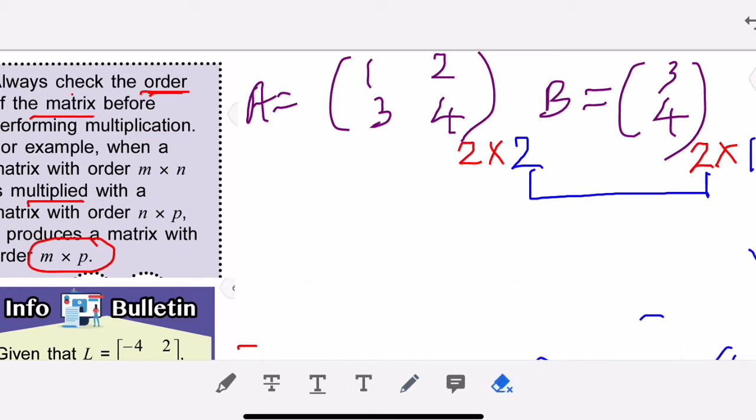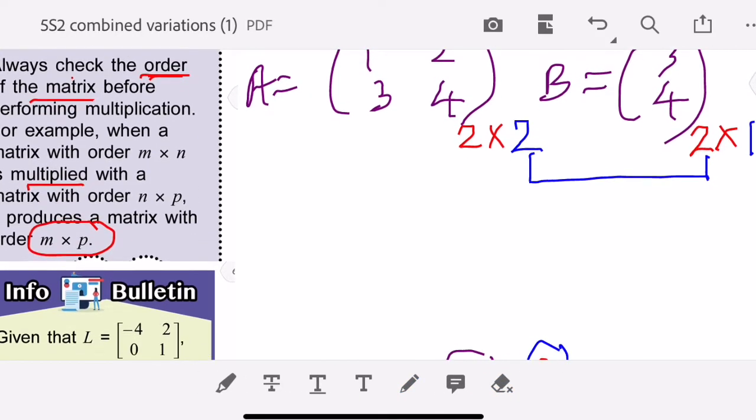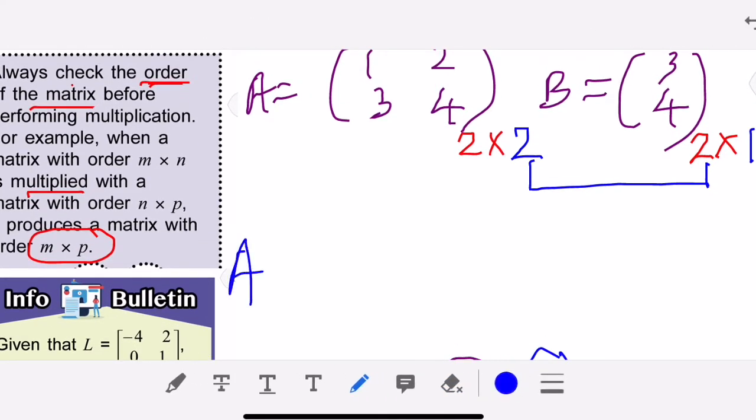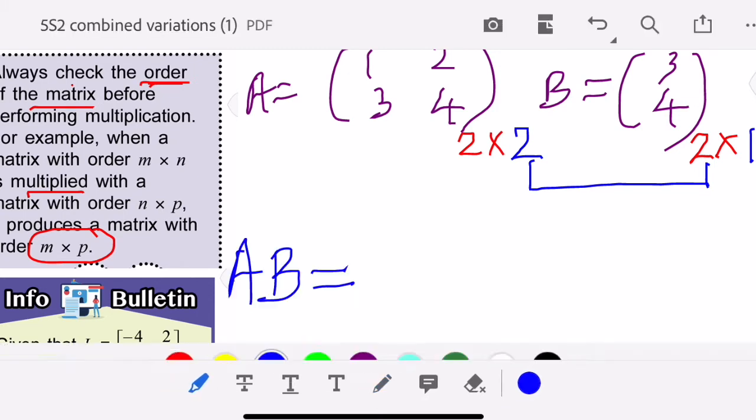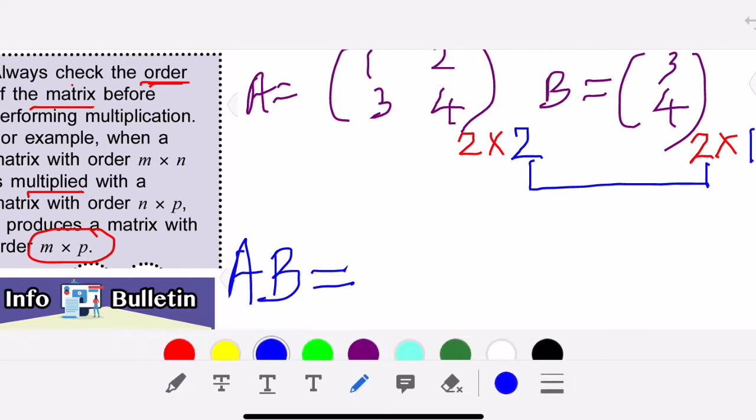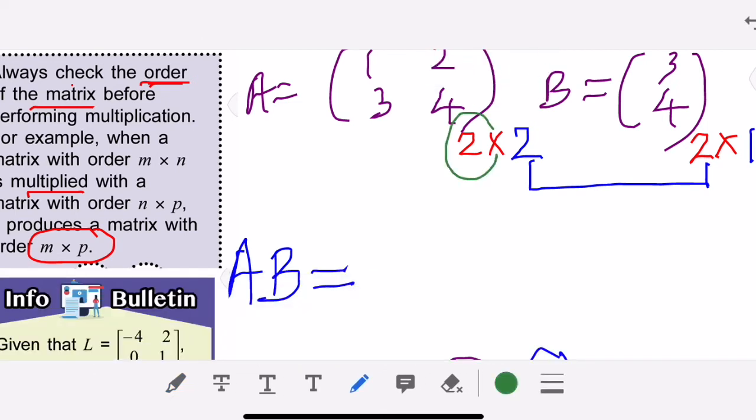After you multiply, you can actually know the order of the product of A times B: the order is the remaining numbers. It's this one and this one, so we have 2 rows and 1 column.